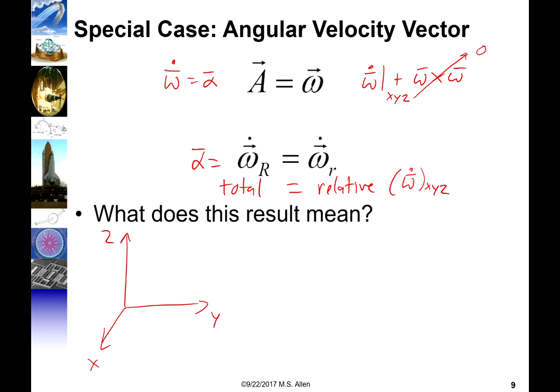But what does this mean anyway? Well, suppose we had some omega vector, right, so that all of these coordinate axes were rotating due to that omega. It's hard to draw a really good 3D picture of that, but everything is spinning about this point.